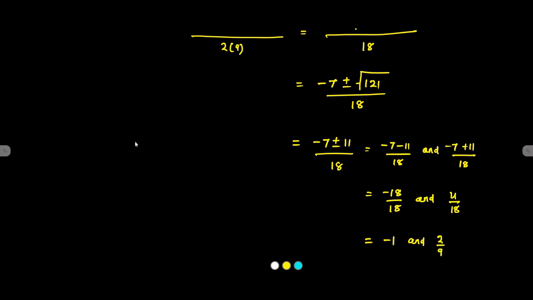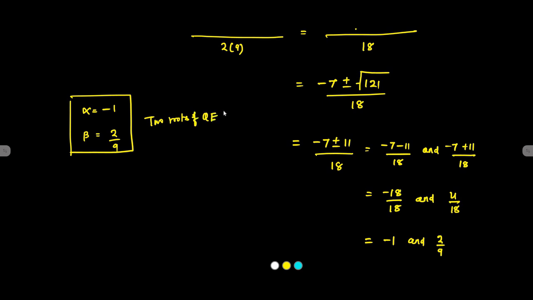So the two roots of the quadratic equation are minus 1 and 2 by 9. These are the two roots of the quadratic equation, the two values of x, the two roots.